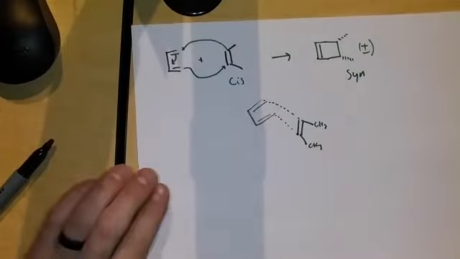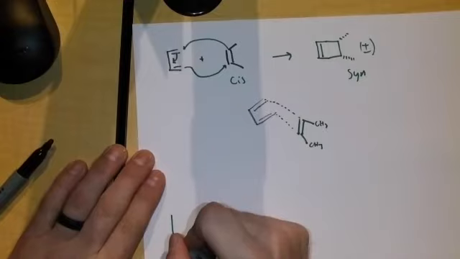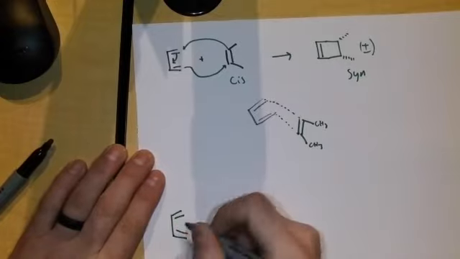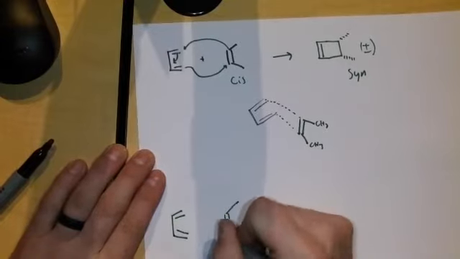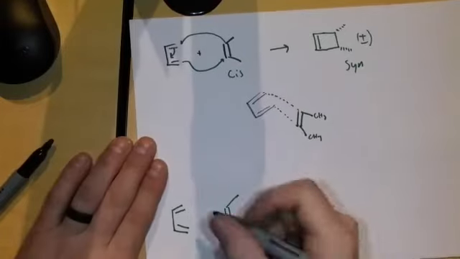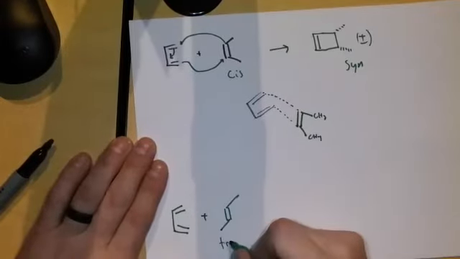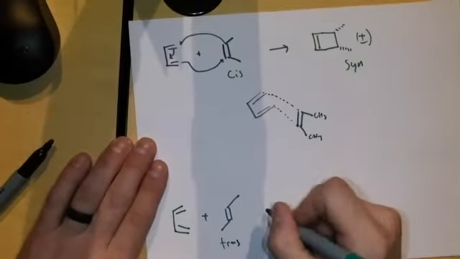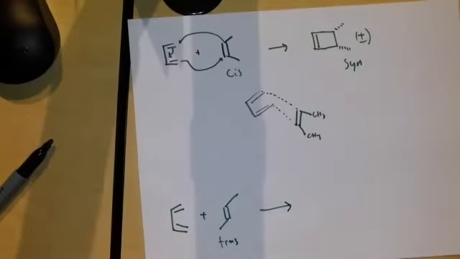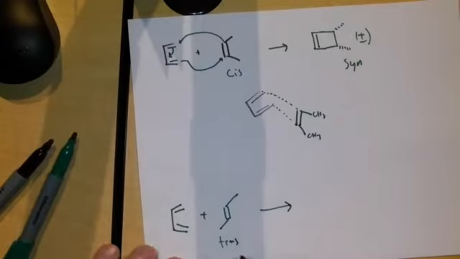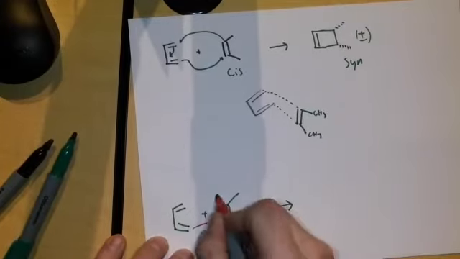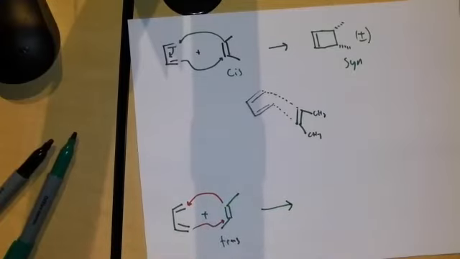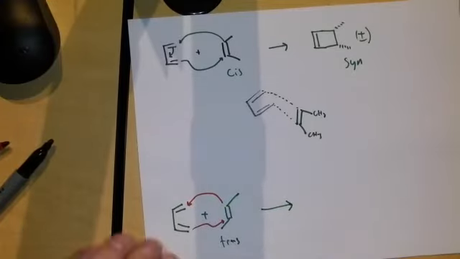So let's do the opposite. We can also take a trans double bond and add these together, and as you might expect, your product is also going to be trans, or anti, I guess, is the term for these.